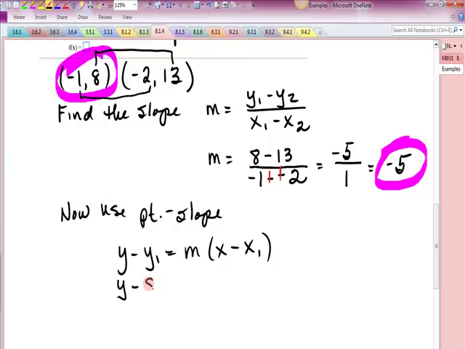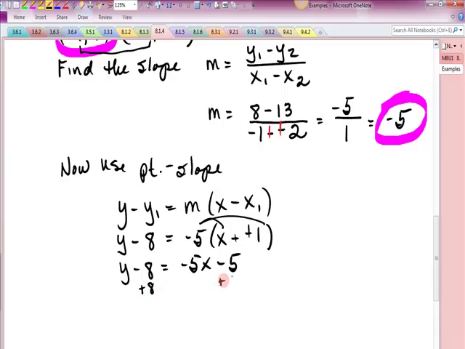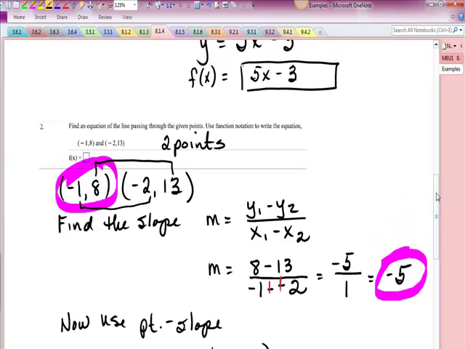So I have y minus 8 is equal to -5 times x minus -1. So y minus 8 is equal to, minus minus was plus, distributive property, that's -5x minus 5. Add 8 to both sides, and y is equal to -5x plus 3. And this entire statement is the linear function. It is the line that goes through these 2 points.